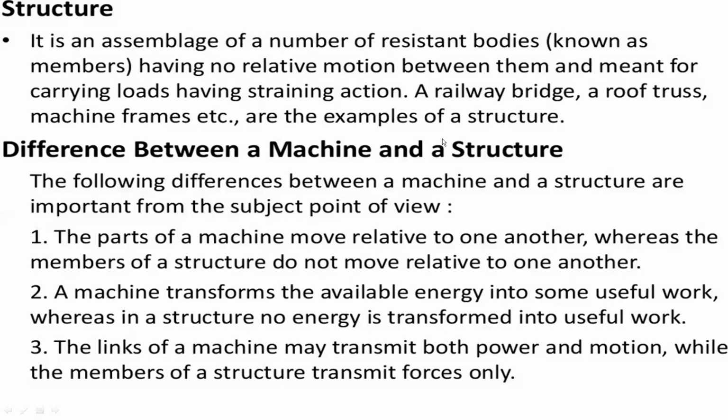But a machine can move by using its different types of parts, and it can transmit both power and motion. Meanwhile, the members of a structure can transmit forces only. So these are the main differences between a machine and a structure.